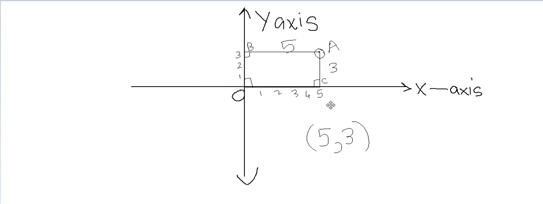So again, the x-coordinate of a point is that point on the x-axis to which the given point corresponds. And similarly, the y-coordinate of a point is a point on the y-axis to which a given point corresponds. The x-coordinate of a point is also called its abscissa, and the y-coordinate can also be called ordinate.